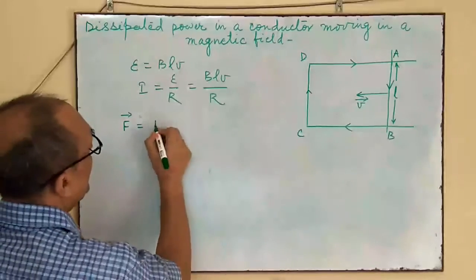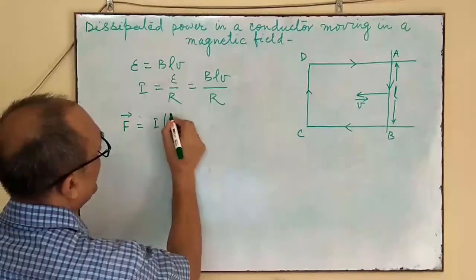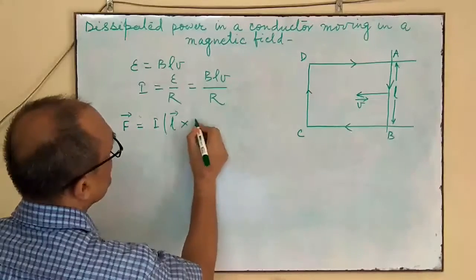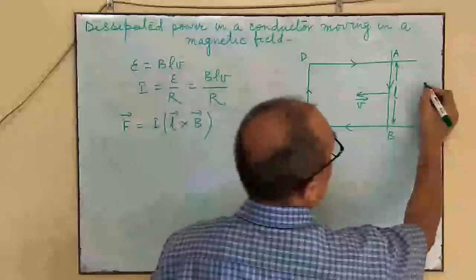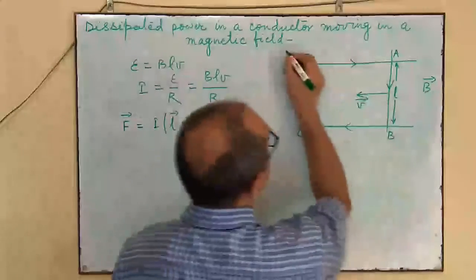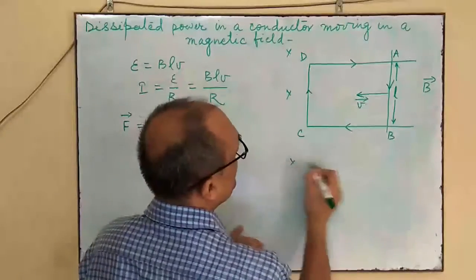This equals I L cross B, where B is the magnetic field which is perpendicular into the board.